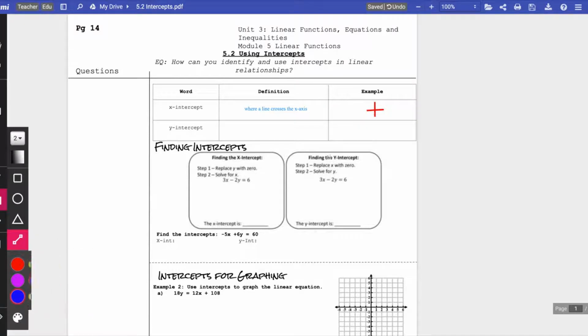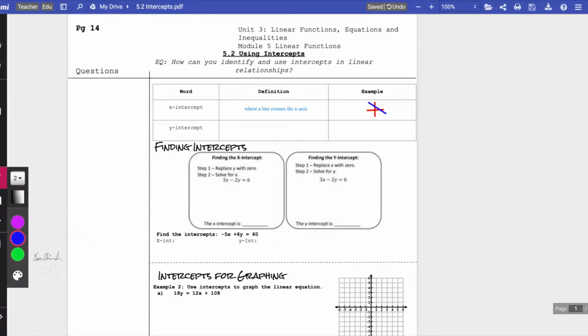Then the x-intercept is going to be this point right there, because that's where it crosses the x-axis. Let me put that in green so you can see it. Okay, so it's the x-intercept.